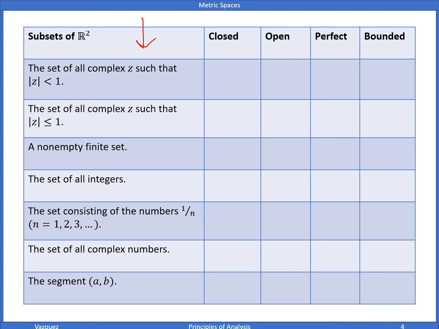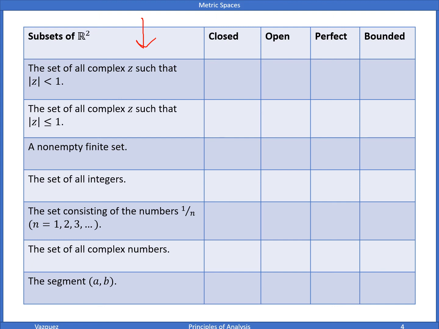Actually, before we do that, go ahead and pause it and try to fill out the chart yourself, using the definitions from the last slide. So remember, we're going to go over closed first. What does closed mean? Well, set E is closed if every limit point of that set is a point of E.